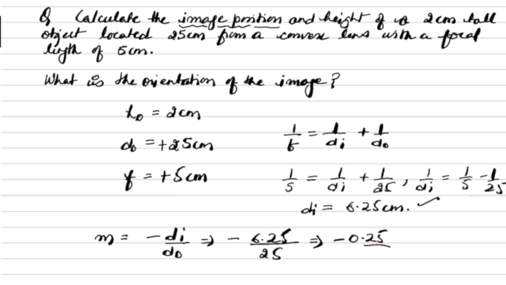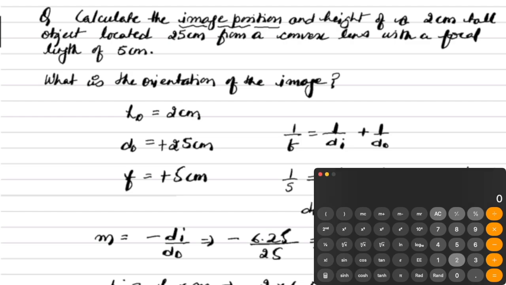0.25 is 1/4 of something, so the image size is reduced by 1/4, or we can say 0.25 fraction, and the negative sign means it's getting inverted. So the height of the image will be the height of the object times the magnification factor, and here the height of the object is given as 2 centimeters. So we will multiply with magnification minus 0.25. Use the calculator here.